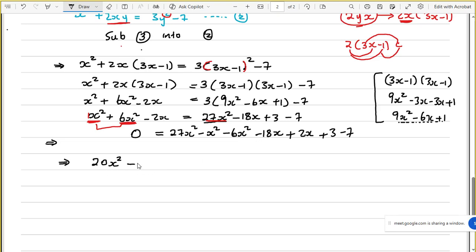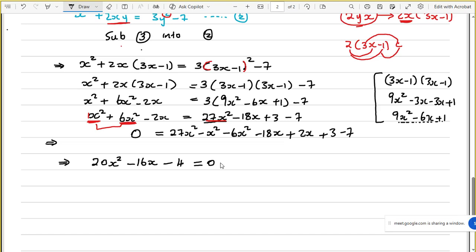And then I'm going to write this down, minus 16x. Then I have 3 minus 7, which is minus 4. And this is equal to 0.